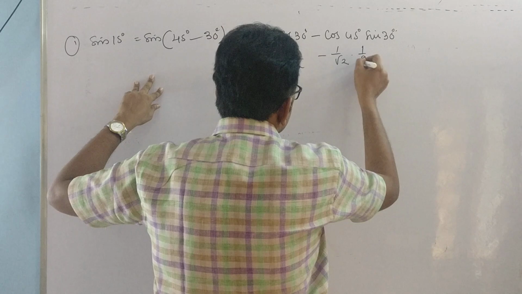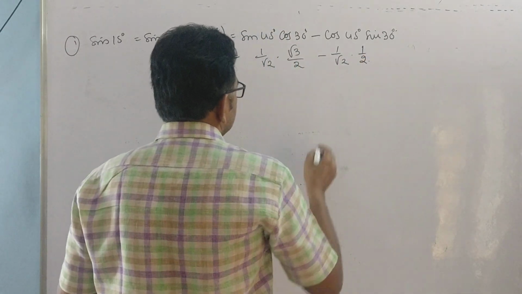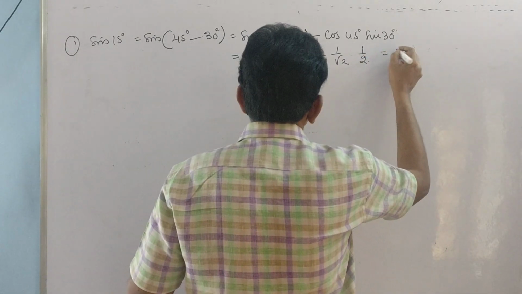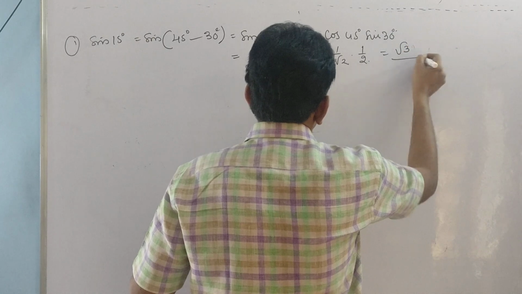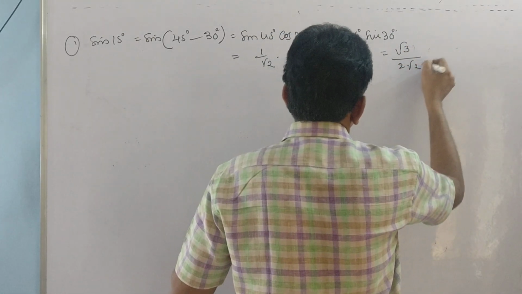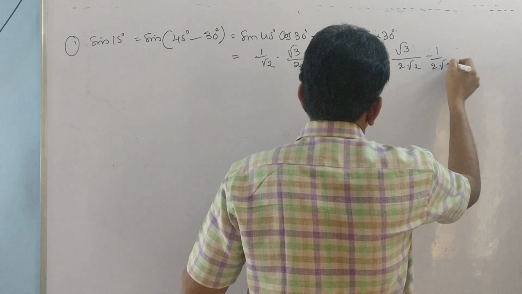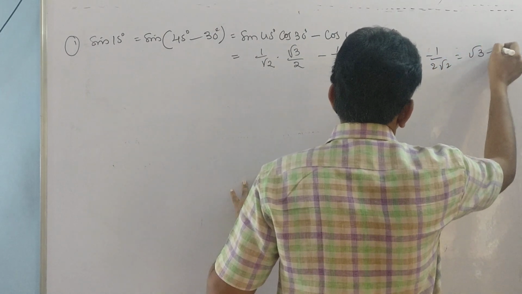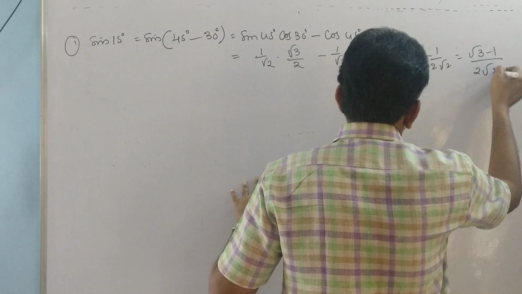Sin 30 is 1 by 2. So this is root 3 by 2 root 2 minus 1 by 2 root 2, that is root 3 minus 1 by 2 root 2.